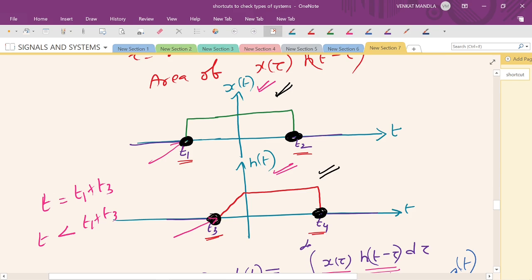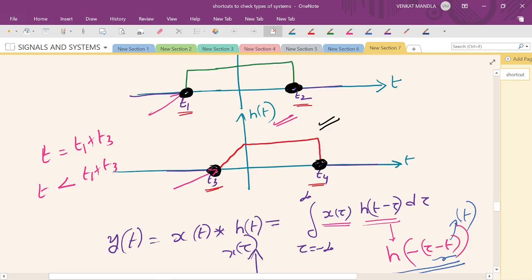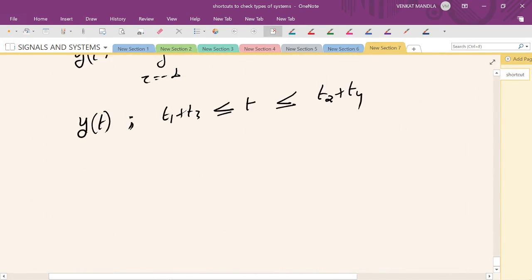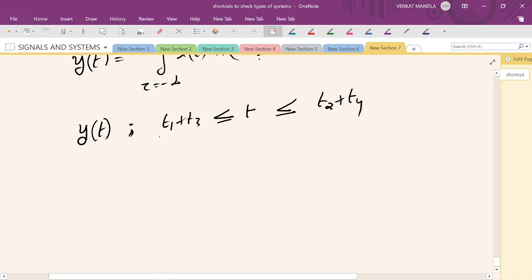You multiply them and find the area of that multiplication, then you will get y of t. So y of t exists only from t1 plus t3 to t2 plus t4. In the remaining cases y of t equal to 0.